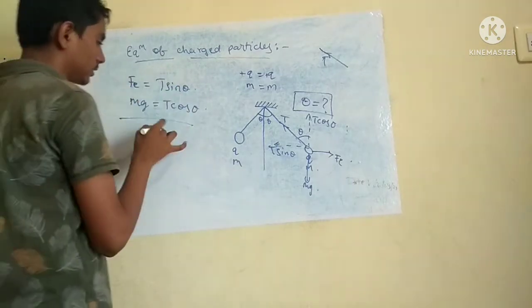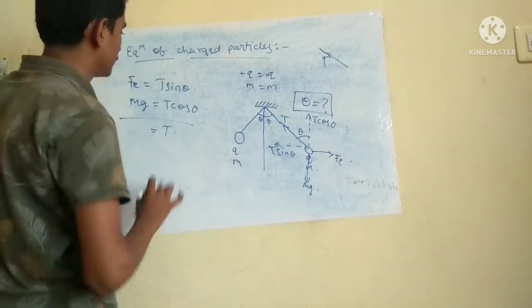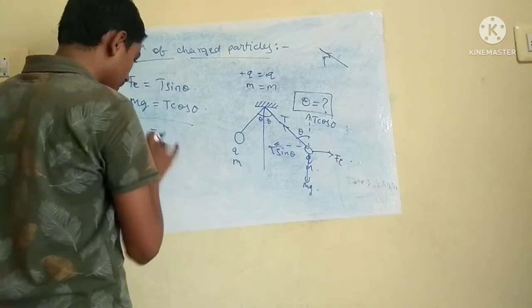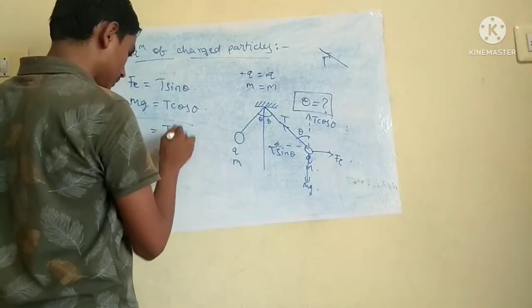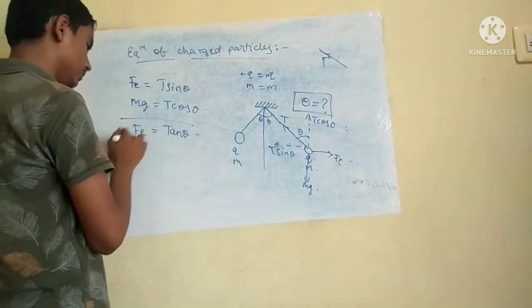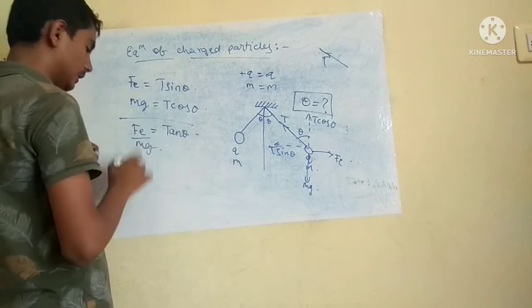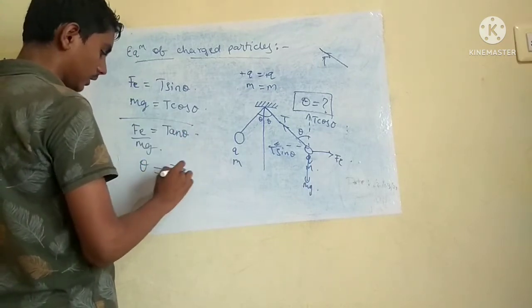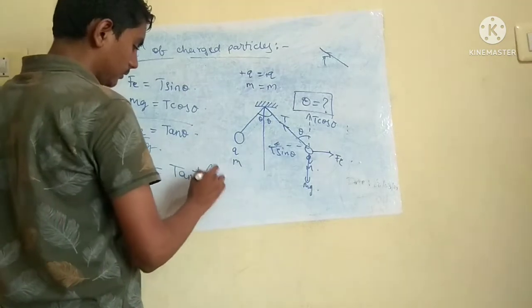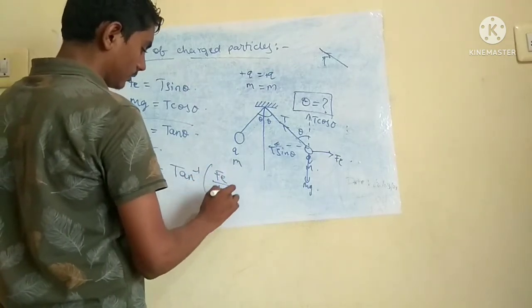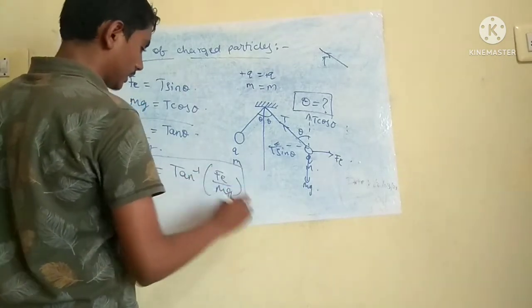Divide these two equations. What do you get? T will cancel, tan theta is equal to Fe by mg. This is the condition. If you take the theta value, then tan inverse of Fe by mg will be the theta value.